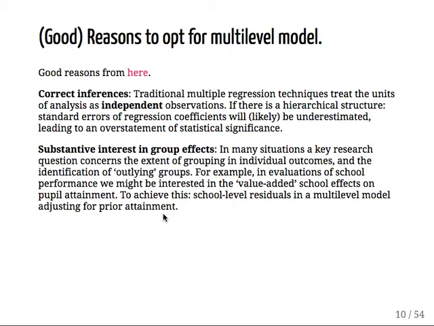Sometimes we really care about group effects. Not only do we want to find out about the individual kids, but we want to find out whether it mattered whether the nursery was in a rich location or in a poor location, whether it was in London or in Newcastle. So we might have some substantive questions about the group effects of the nursery. We might think that the socioeconomic status or the geographical location of that nursery plays a role.